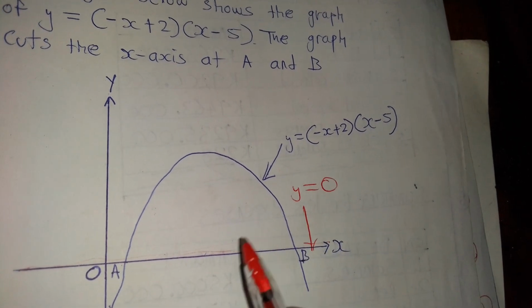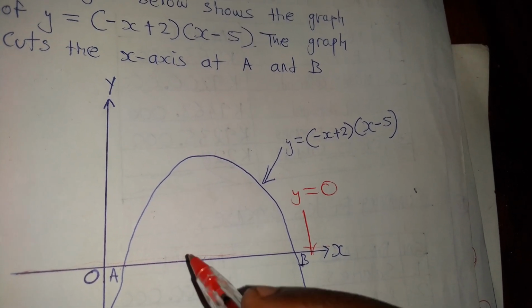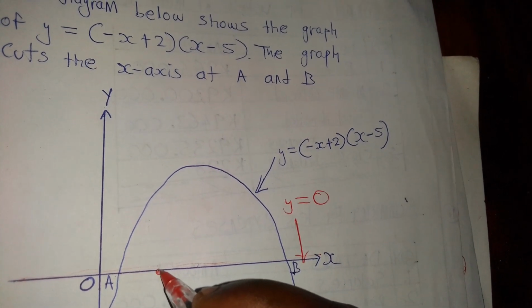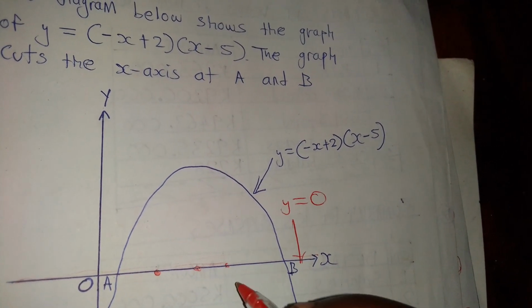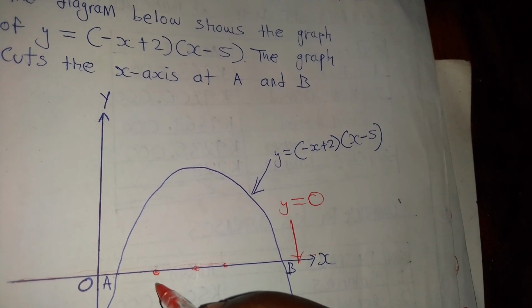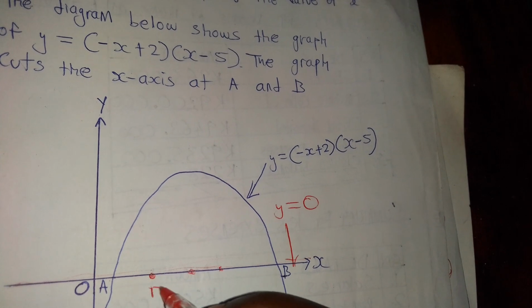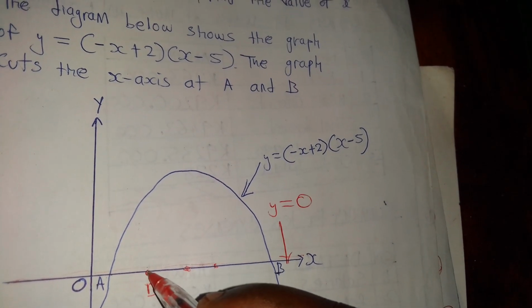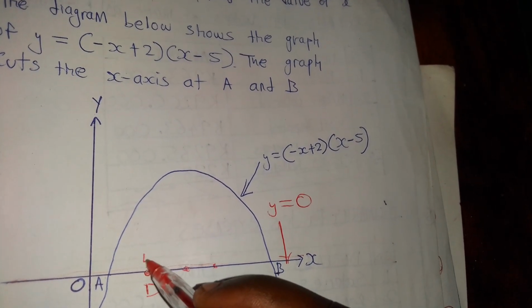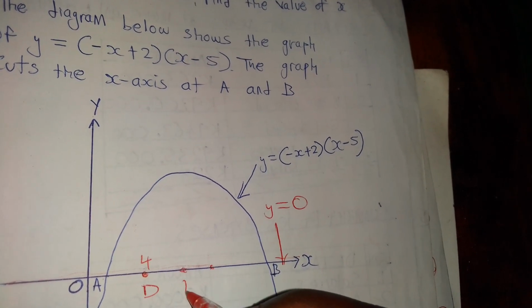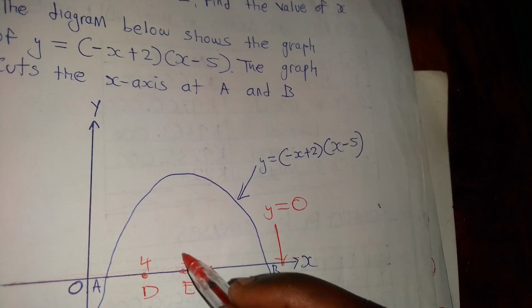For example, assuming, okay, I just want to assume, let's say we have a point here and we have another point, just this. Let's say maybe this one was point D, for example. Let's say I put maybe 4 here, then this one I put E, then I put 5. You see that?